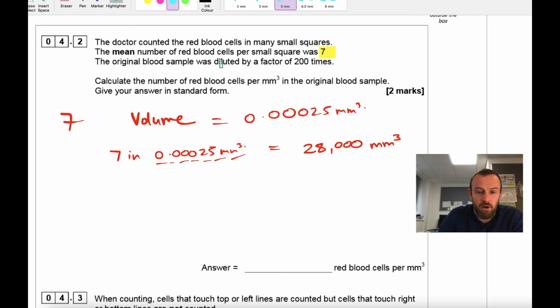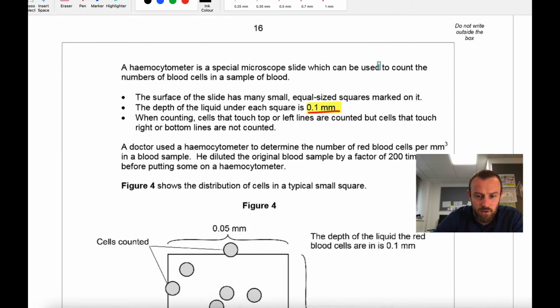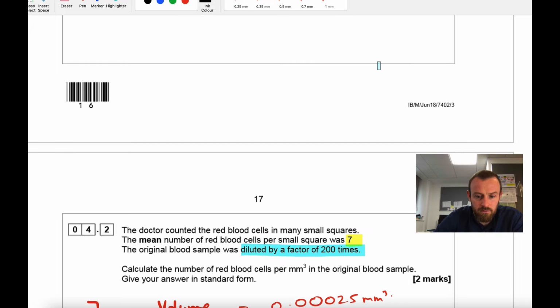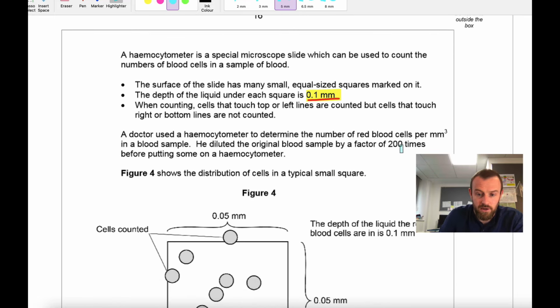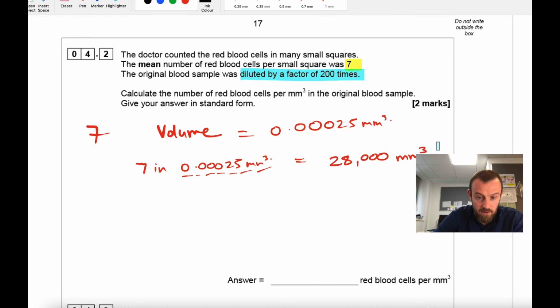But it also gives us this information. The original blood sample was diluted by a factor of 200 times. There was something up above about dilution, so let me just quickly check that again. Okay, they just repeated it, which was nice of them. It's written down here again, 200 times.